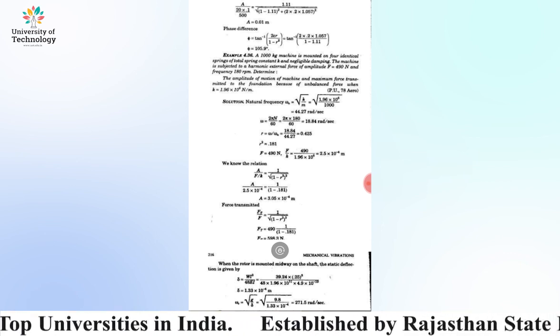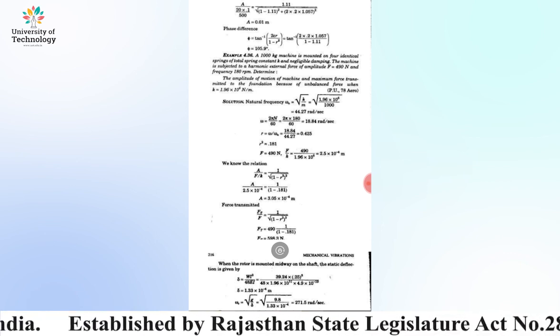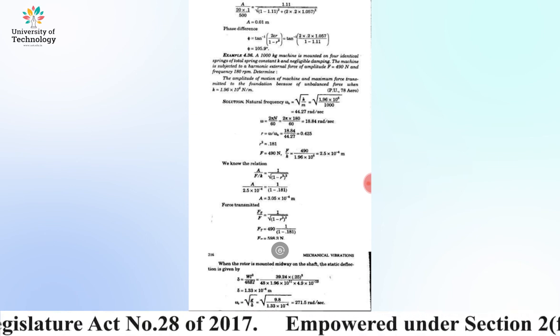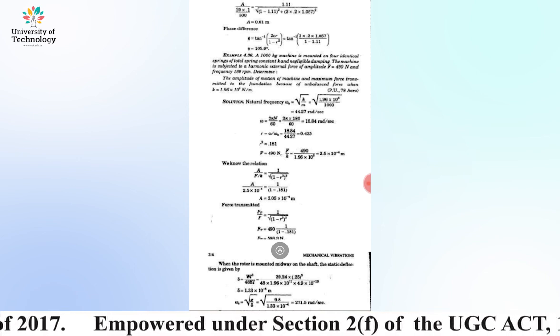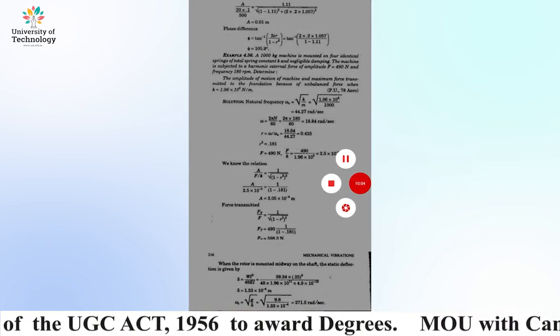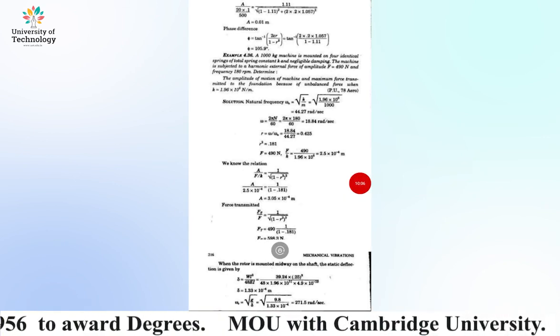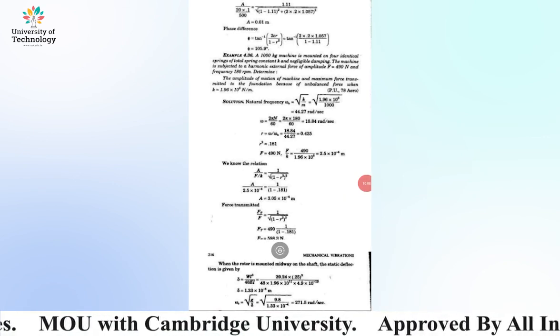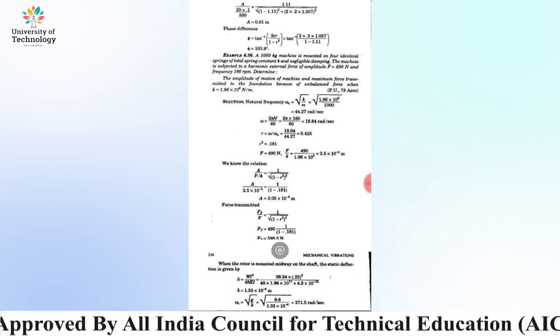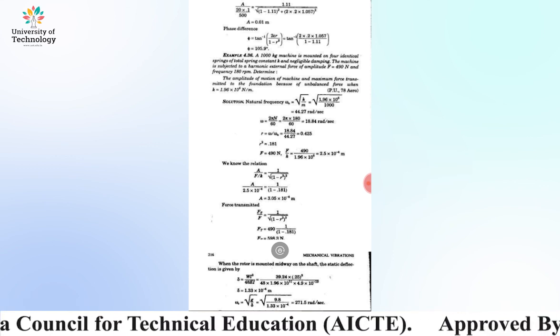Here the value of W is 39.24, and putting this value we get the deflection, that is 1.33 × 10^-4 meter, and omega n is equal to root g by delta, that is equal to 271.5 radian per second.